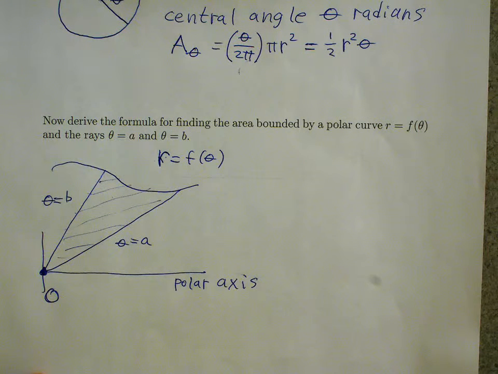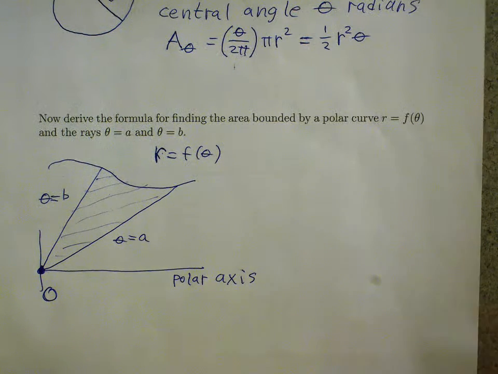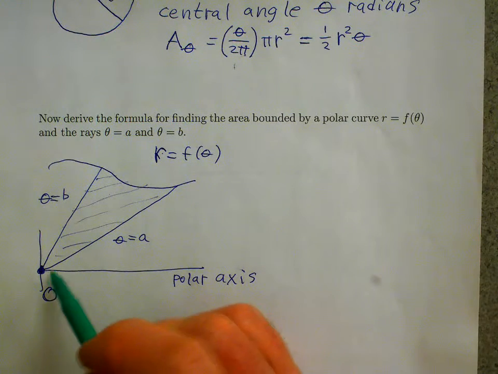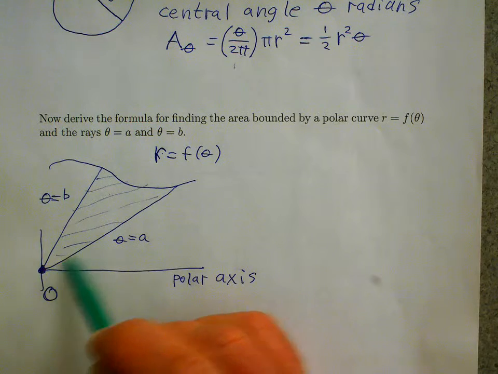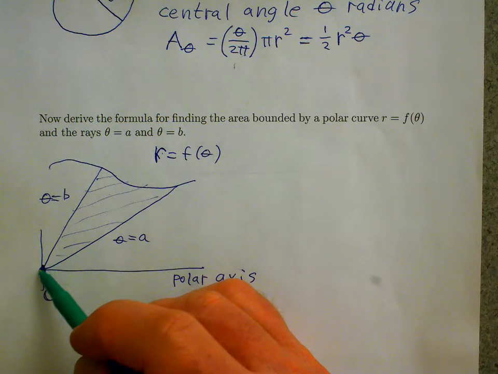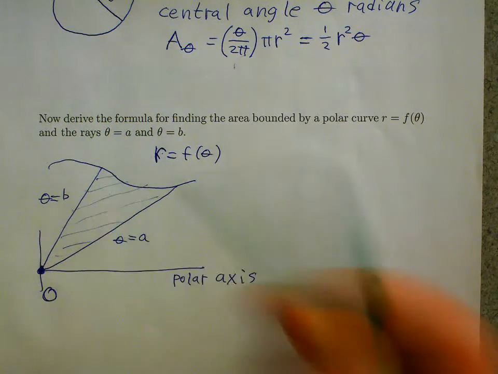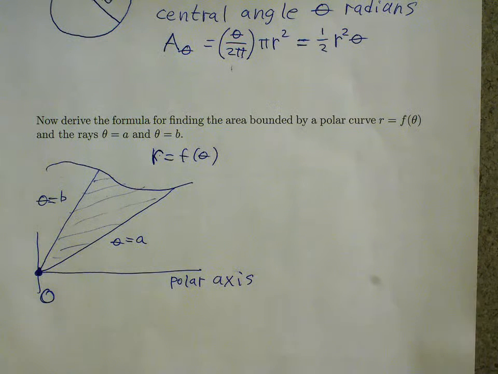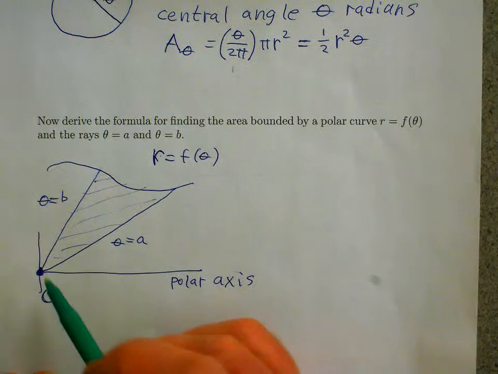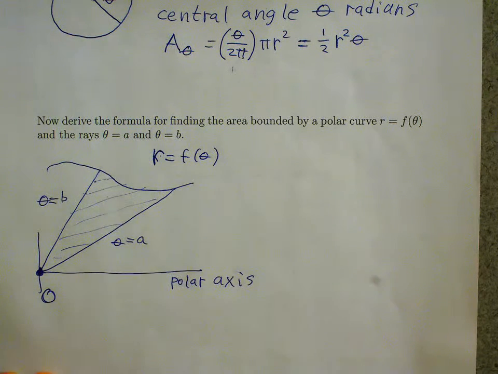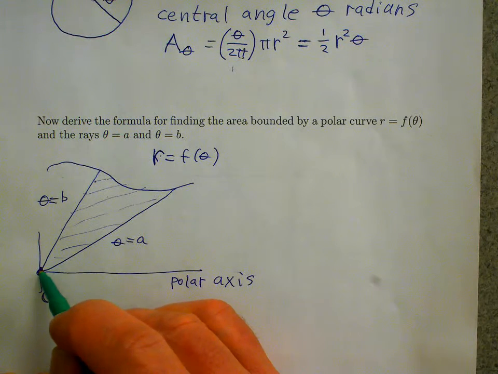Just like we usually do in cases like this, we're going to subdivide this angle between theta equals A and theta equals B. Think about subdividing that into n subangles emanating from the origin.